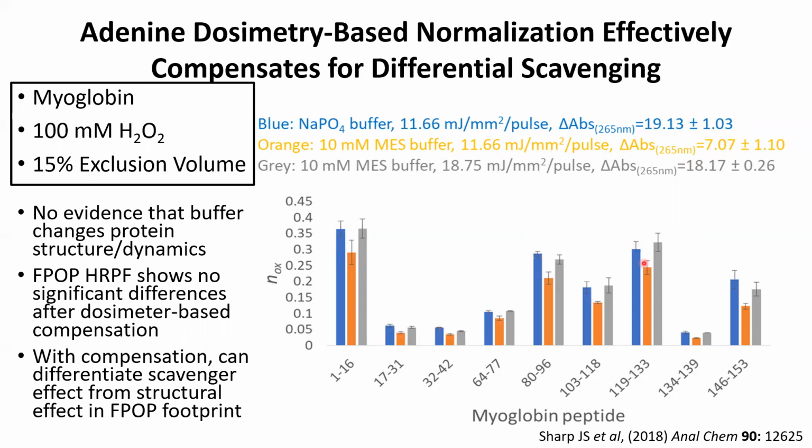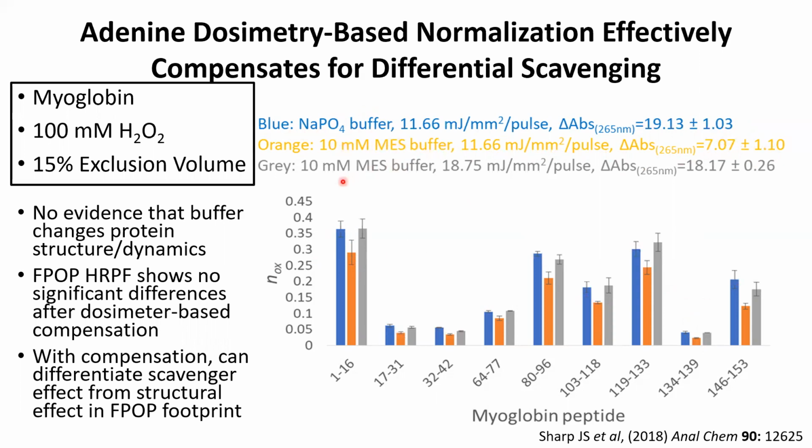If you don't do the radical dosimetry, this would look like the entire protein's being protected, and so you have a big aggregation event or some kind of structural collapse. But now you and I know better. Because we saw the change in the adenine dosimetry, we know that this reduction is not due to a structural event, it's due to changing the radical scavenging capacities of our solution, in this case by changing the buffer.